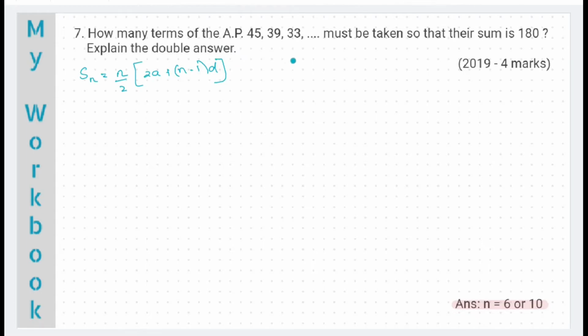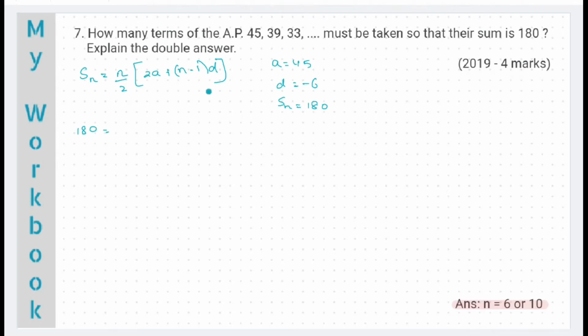For this progression, the first term a is 45. The difference d is minus 6. 39 minus 45 will be minus 6. And the sum of the first n terms is 180. So for what value of n will S of n be 180?